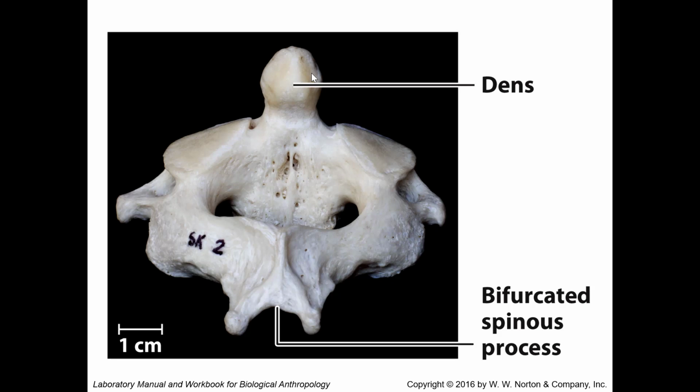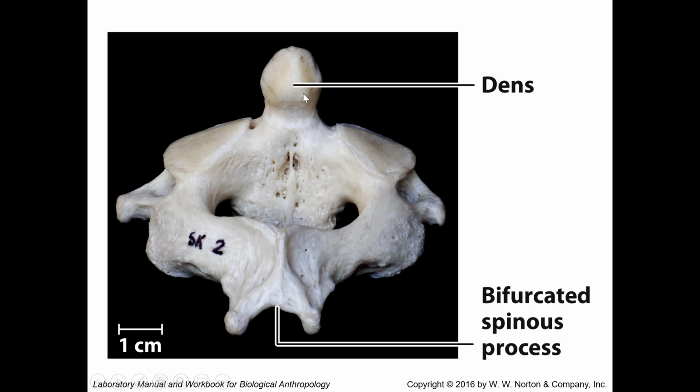So the dens and the atlas will work together to allow for head movement and rotation. So that no action of your head going from side to side is the pivoting of the atlas and the head on the dens.